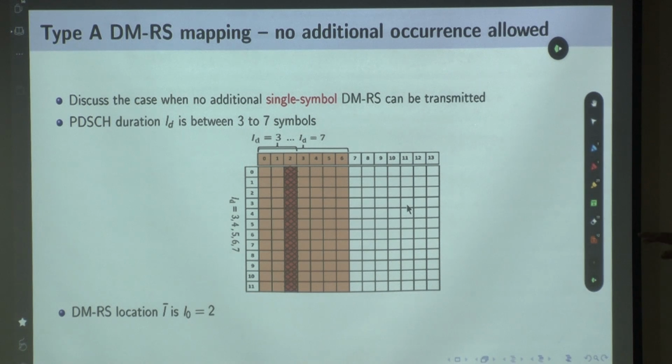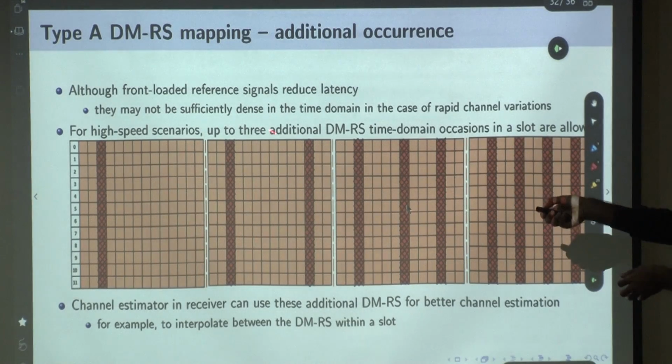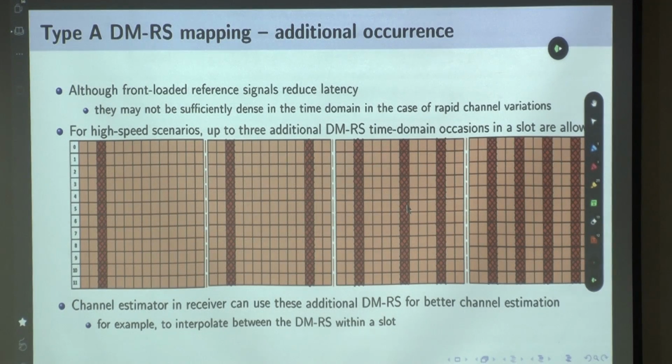In the previous slide I told you that the additional DMRS occurrences are possible. Now in the next slide, what am I telling you? In which case these additional occurrences are not allowed. And what am I showing you?